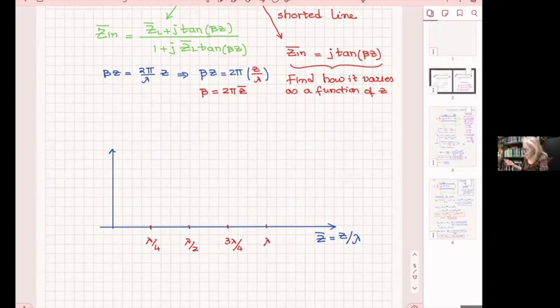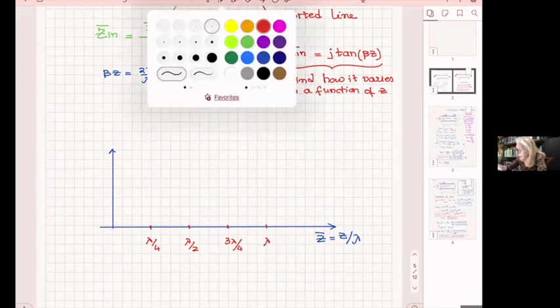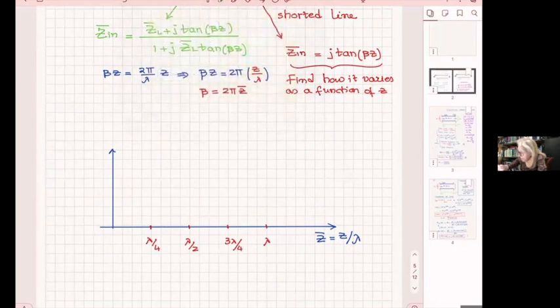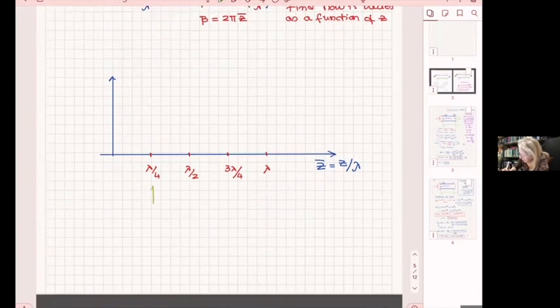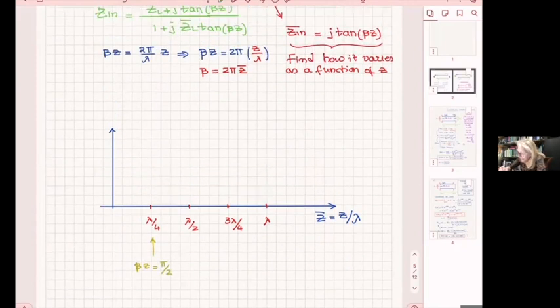And then you can continue the same way. So now let me plot it, in a different color. All right, so here, what is the tangent of 2 pi? And since it's normalized, let me write here. For this one, beta Z is going to be 2 pi over 4, so practically it's going to be pi over 2. Pi over 2. How much is the tangent of pi over 2?